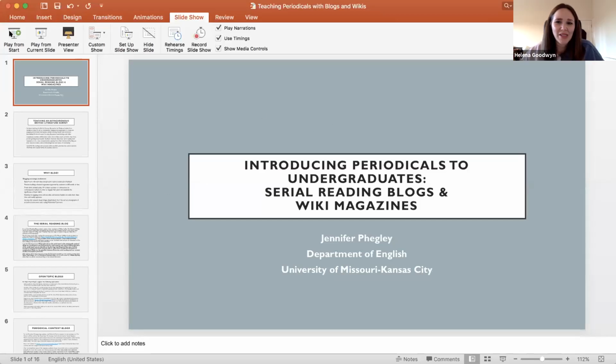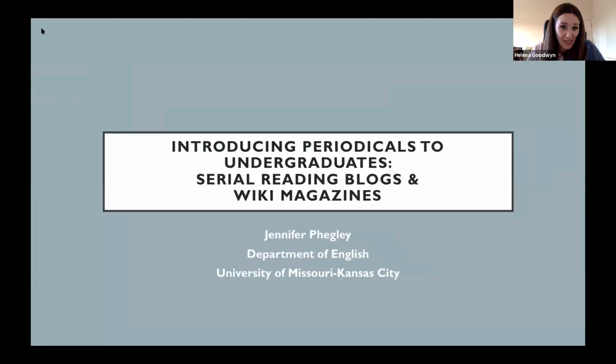It's my pleasure to introduce Jennifer Phegley. Jennifer is speaking on, as you can see there on the screen, introducing periodicals to undergraduates, serial reading, blogs, and Wiki magazine projects. Jennifer chairs the English department at the University of Missouri, Kansas City.